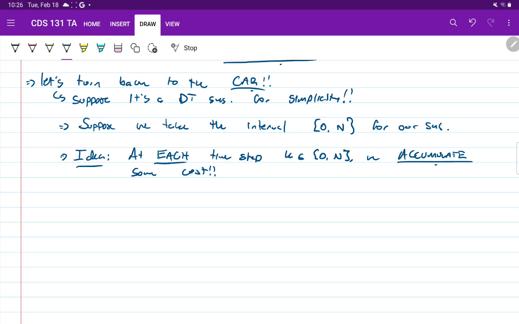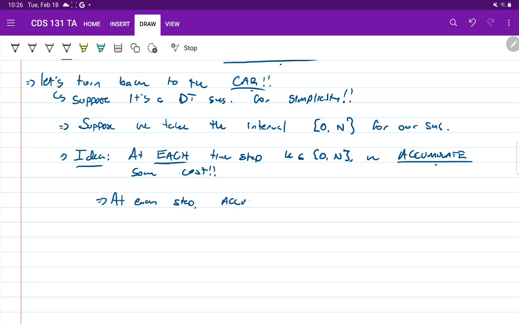Since I'm deciding my inputs time step by time step, if I use a lot of fuel, or if I take a really high acceleration in one particular time step, that's probably going to be bad. So it makes sense that we want to be accumulating cost as we go along, right? That way we can zoom in and make sure we're taking the right actions at every step along the way, okay?